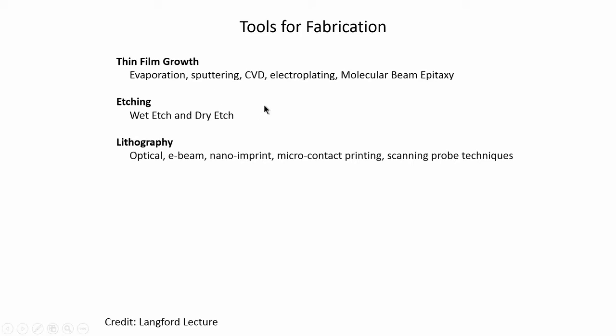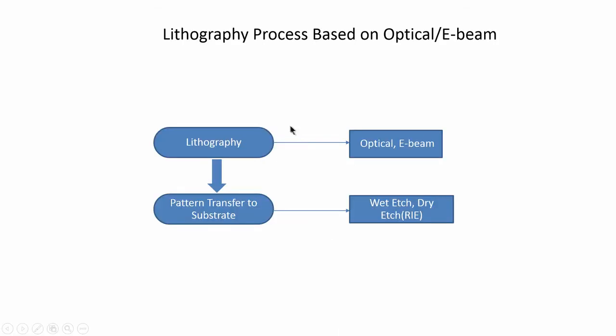Suppose you want to create an optical waveguide, there are regions where optical guidance is required that can be retained and other regions can be etched out. We have already seen that lithographic processes are needed for patterning. So, let us quickly look at the operation of the lithographic process based on either optical or E beam lithography.